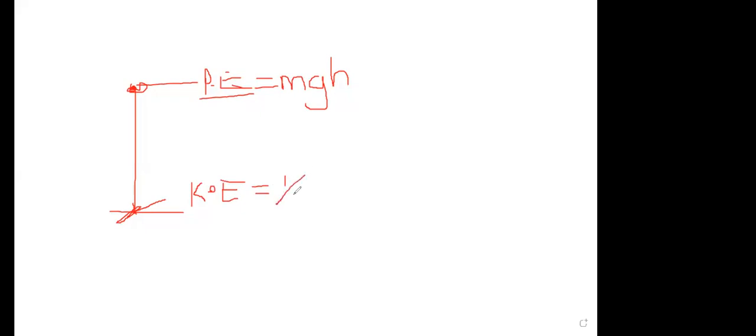So potential energy, kinetic energy, remember it's a half times mass times V squared. Remember, they only give us the mass and the height, and we know that g, the acceleration due to gravity, is 10.